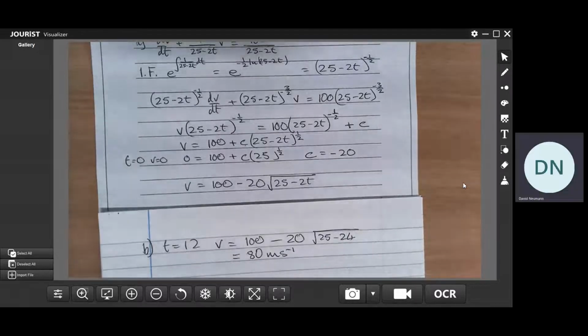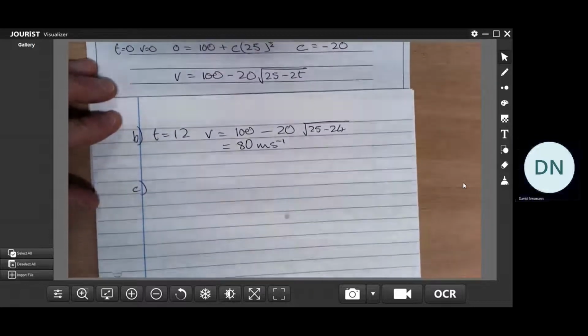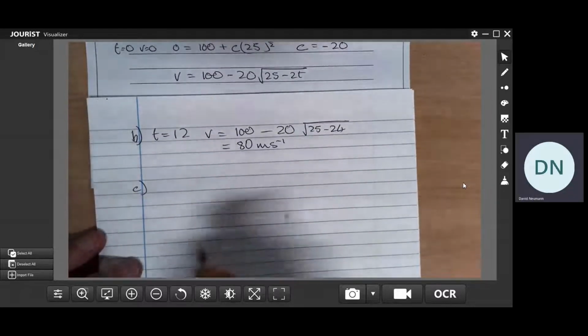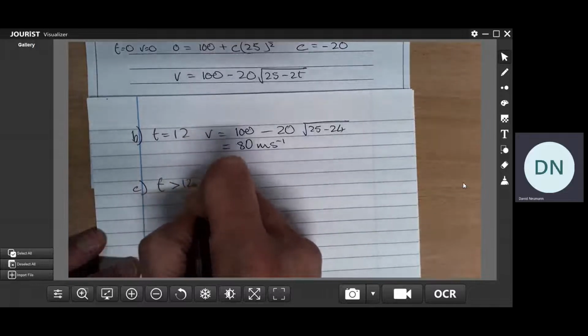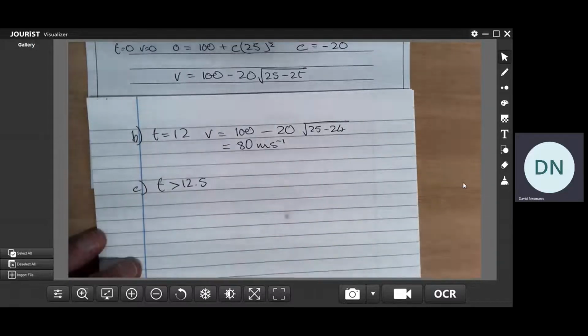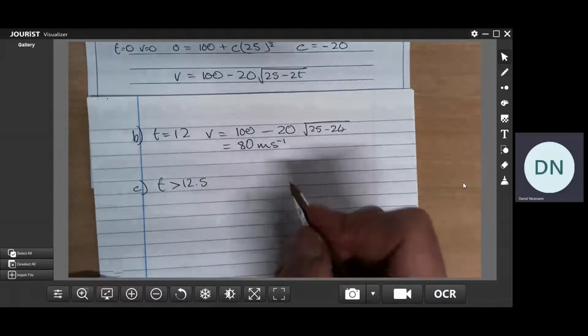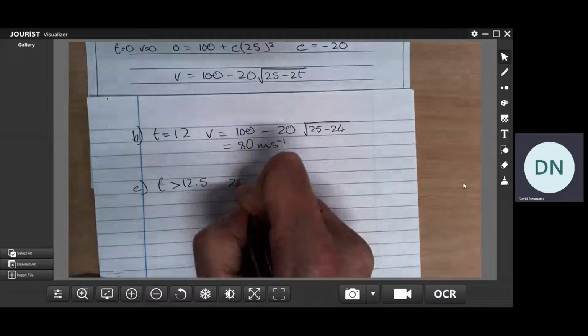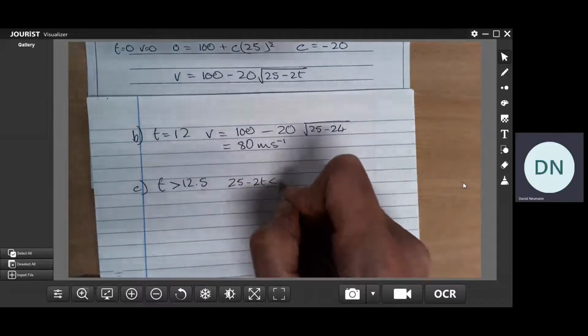For C, we're being asked what happens for t greater than 12.5. T greater than 12.5 means that 25 minus 2t is less than 0.